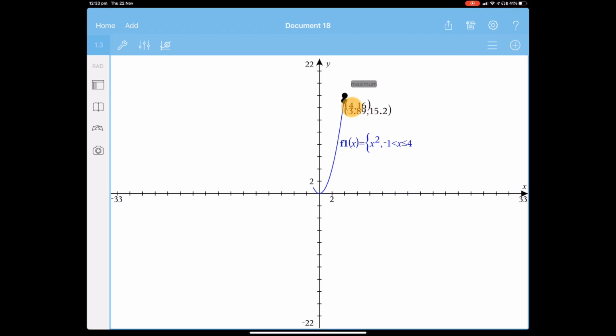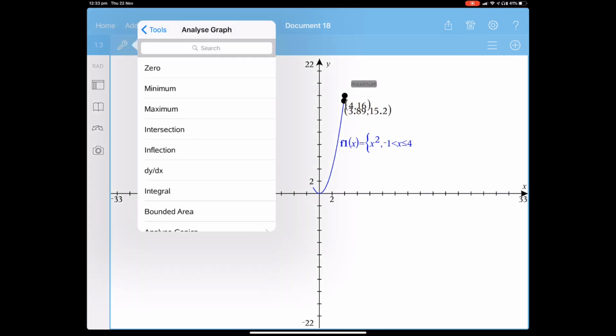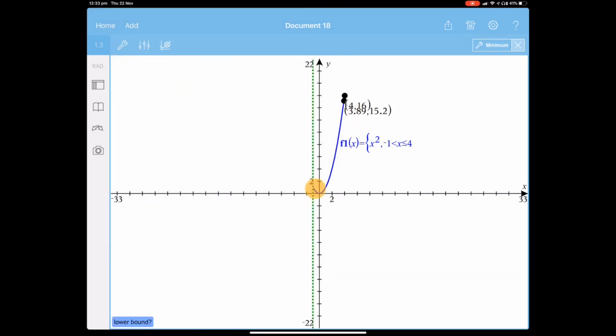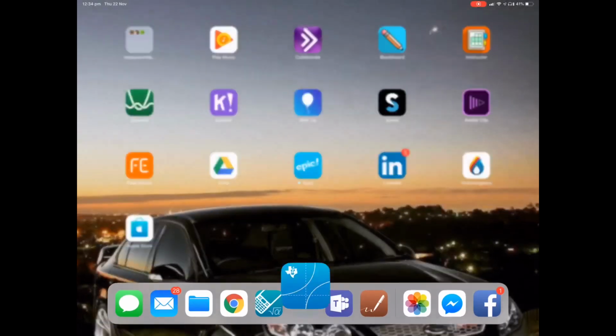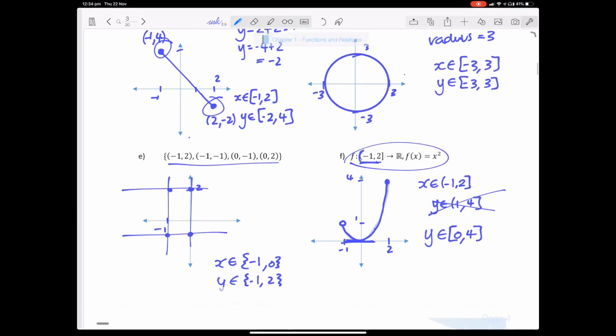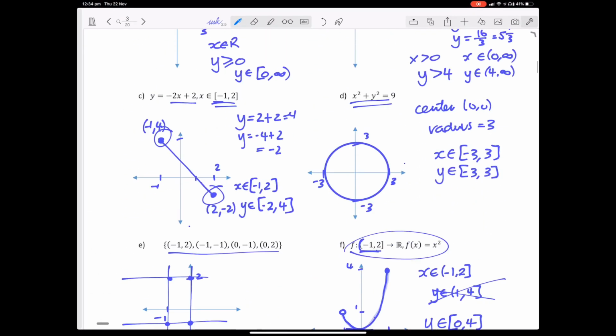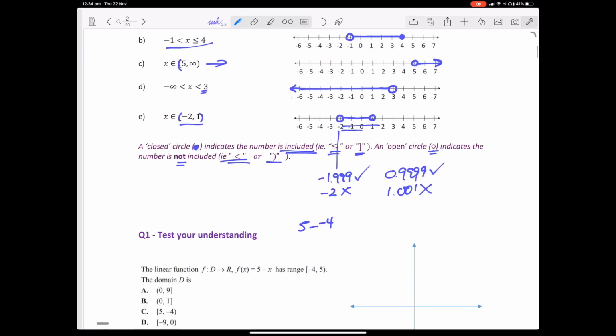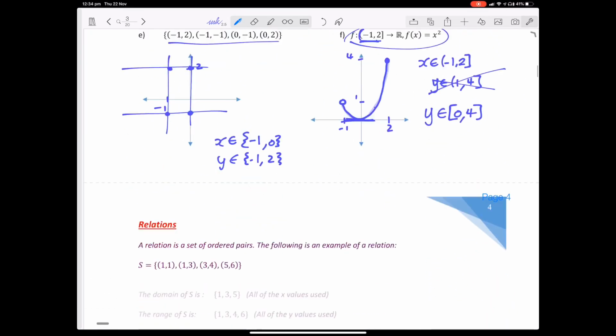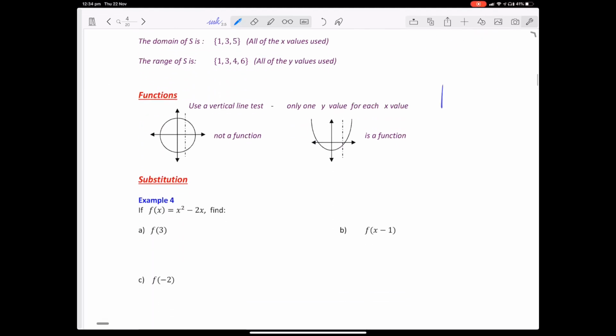So 4, and then if we go that minimum, and we put that one value there and one value there, it says it's (0, 0). So we worked that out, minimum and our maximum, using the CAS. Okay, I'll continue on with relations and functions soon.